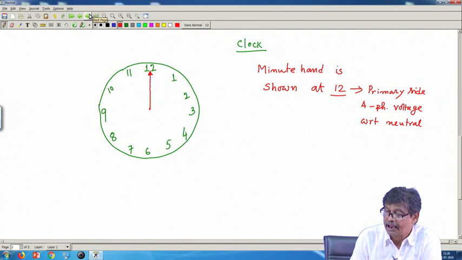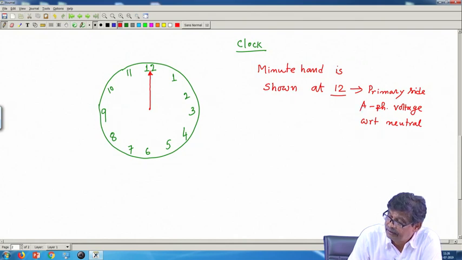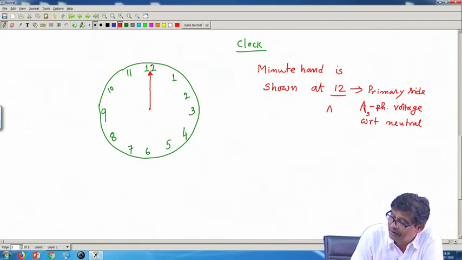Okay. And the secondary voltage, I will once again show, this is suppose A or A1 with respect to neutral.